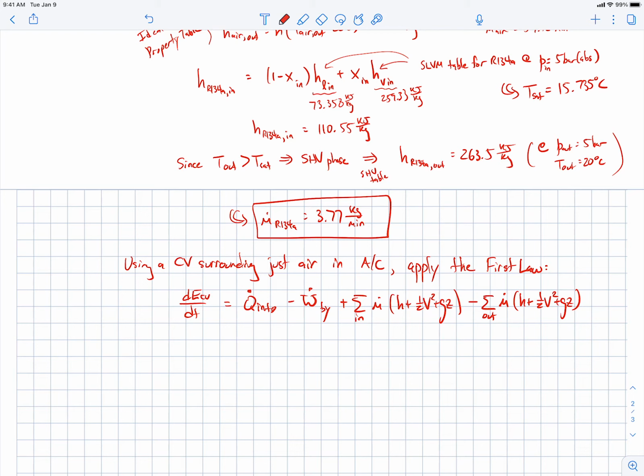Okay, so let's go ahead and simplify this first law expression for our control volume surrounding just the air. Again, we're dealing with steady state, so that first term is 0. The Q dot is what we're trying to find, so we leave that in there. There's certainly some heat transfer between the air and the R134A. There's no heat transfer between the air and the surroundings because there's a box.